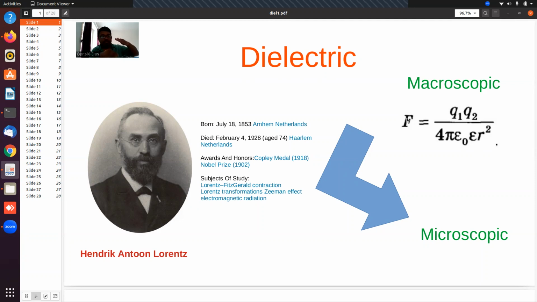Lorentz understood that a molecule is made up of electrons and protons, and the rotating electron has a magnetic field. So if we put in an external magnetic field, the energy levels will split. That is the Zeeman effect, and his student Zeeman proved his idea, so he got the Nobel Prize. And of course he has a lot of contribution to electromagnetic radiation.